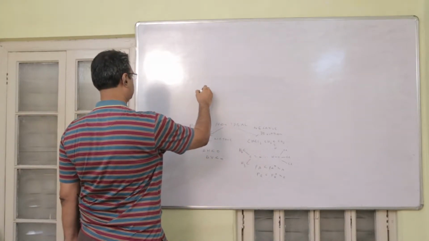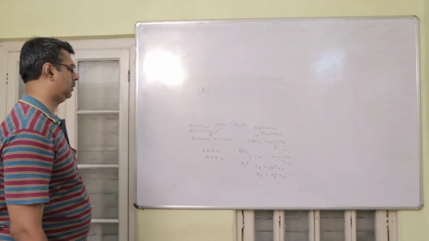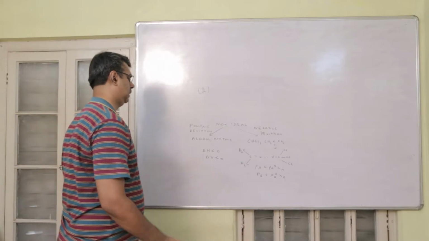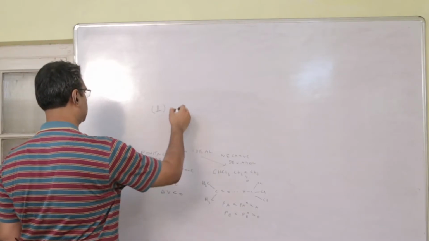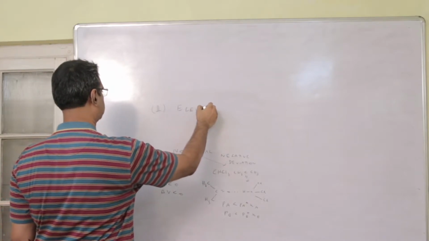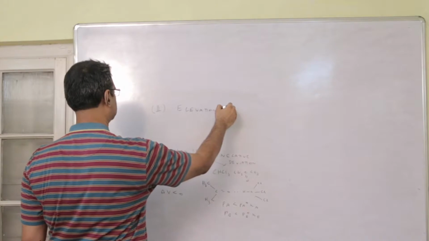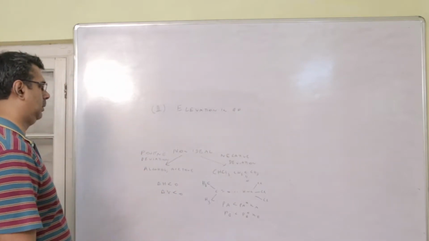Okay, now so far we have discussed colligative property number 1, that is Raoult's two laws and also relative lowering of vapor pressure. Second colligative property is elevation in boiling point.